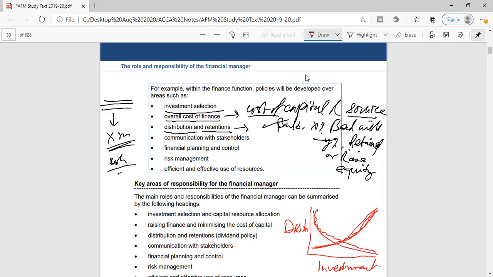But at the same time, you can't just ignore the distribution to the shareholders. They also need money and they have some expectation. So you need to find a balance, an equilibrium point. See this point where both lines intersect. You need to find out as a finance manager how much to distribute and how much to invest, and both should be balancing. It should not be at any extreme.